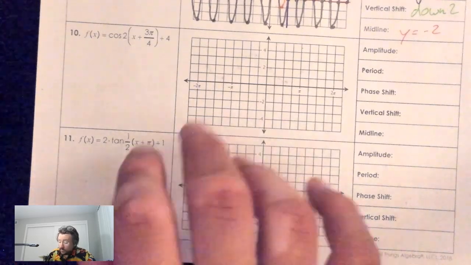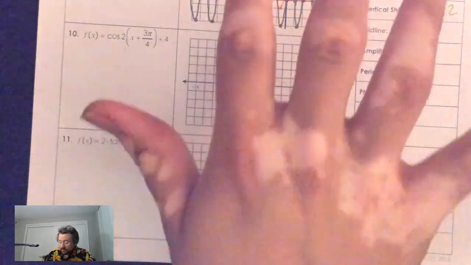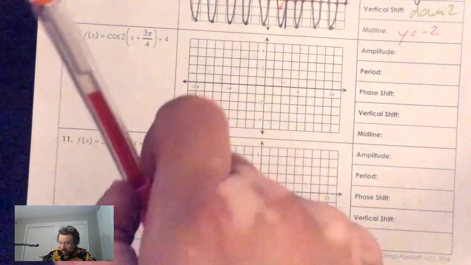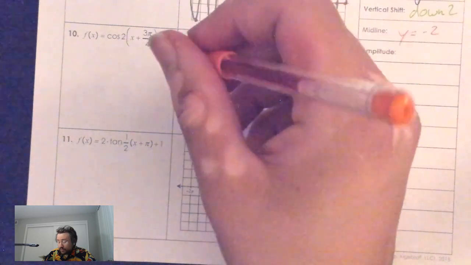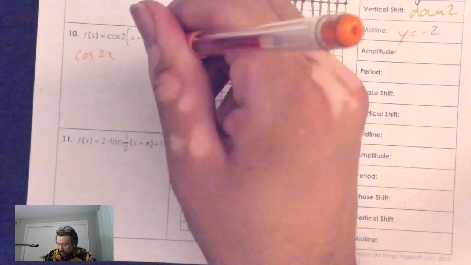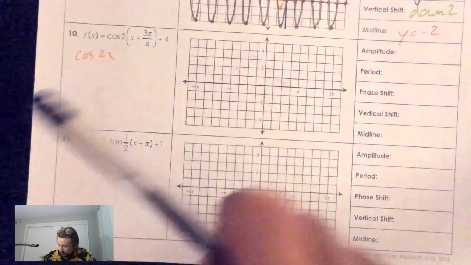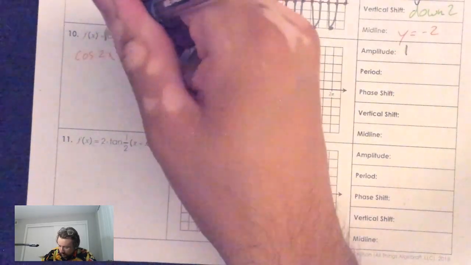I'm going to draw this graph using, again, the transformation technique where I draw the unphase shifted, untranslated one. So that'll just be cosine of 2x. We still want to think about its amplitude, which is 1, because there's no number in front. That number is 1.